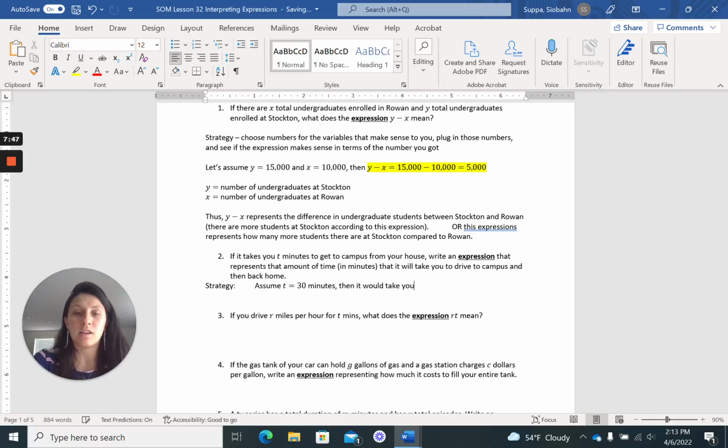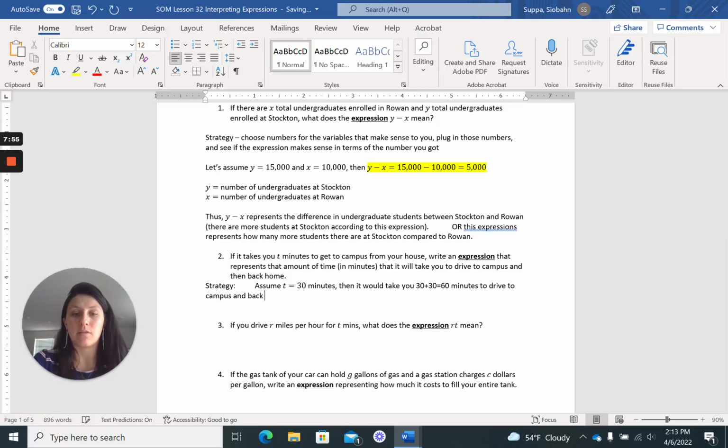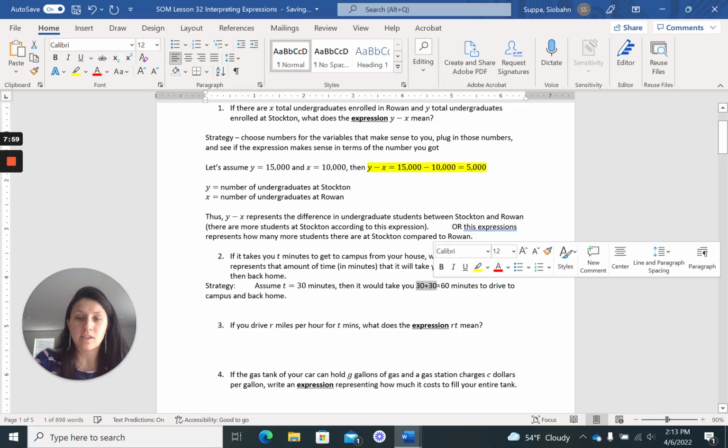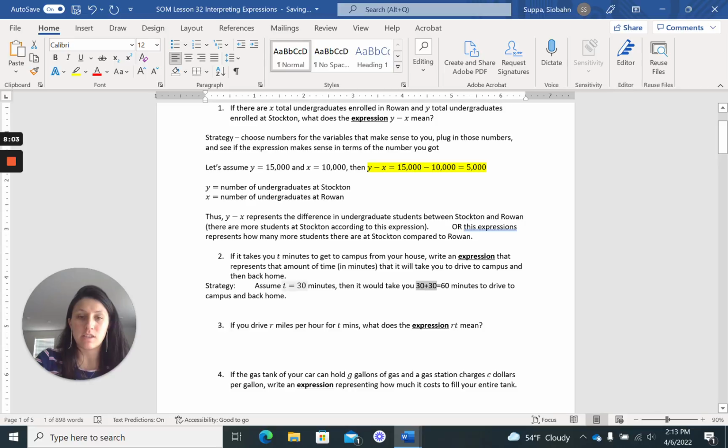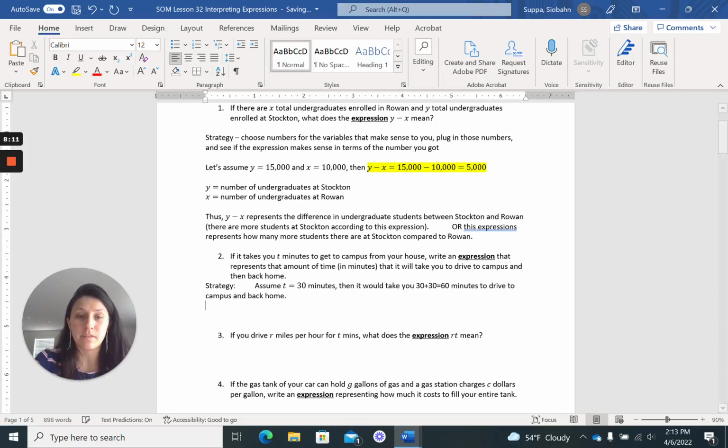Then it would take you 30 plus 30, which is 60 minutes to drive to campus and back home. So notice I didn't just put 60, I wrote out what I actually did to get that answer. And that will help me because I know that T is not actually 30. T can represent any number, which means instead of 30 plus 30, that's the same thing as T plus T.